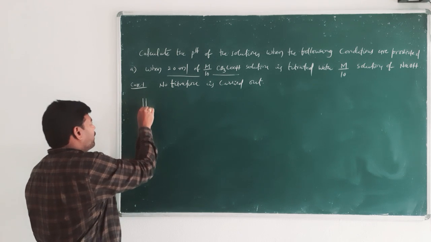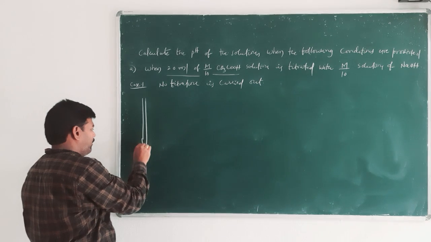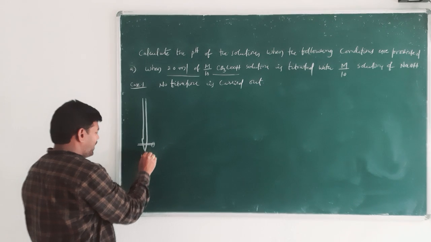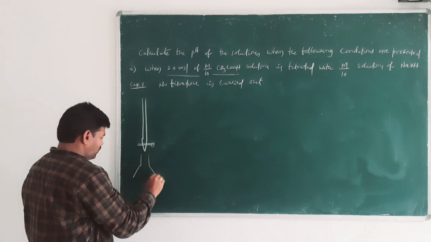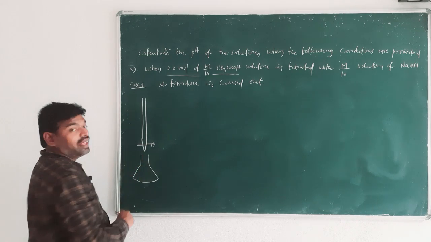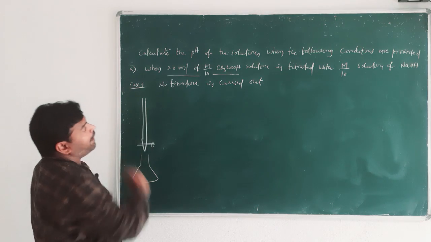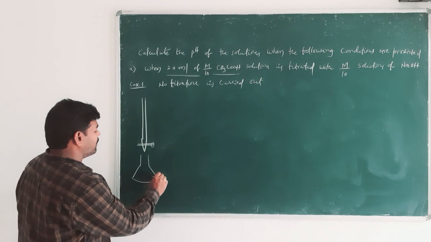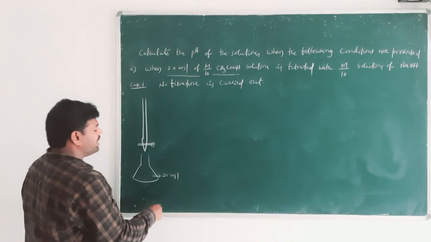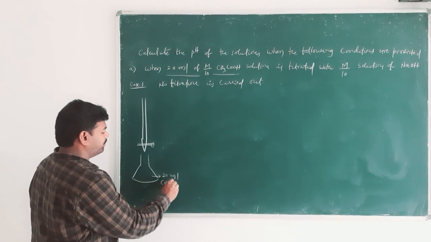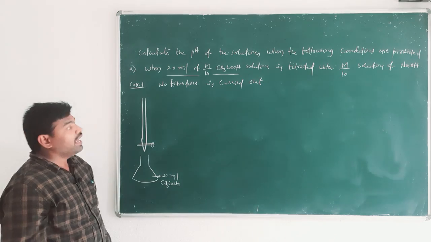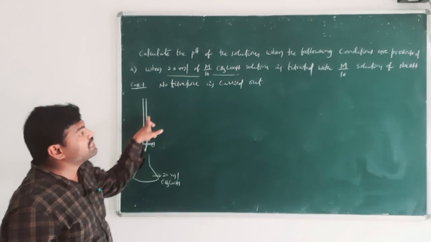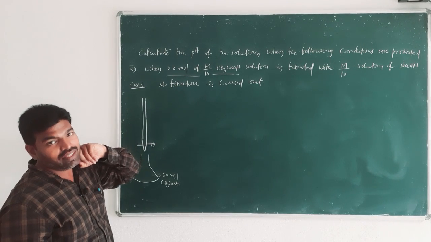This is the burette, and this is the conical flask, and in this conical flask 20 ml of acetic acid is there, and NaOH is to be added from the burette, that is, NaOH is the titrant.